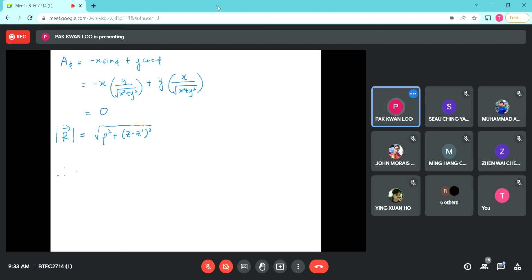So the electric field at the point can be represented by rho r cap plus z minus z prime z cap.